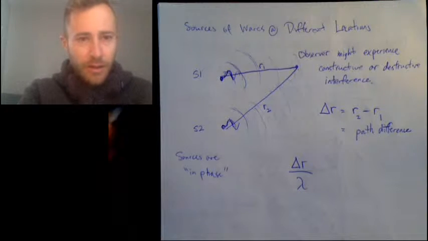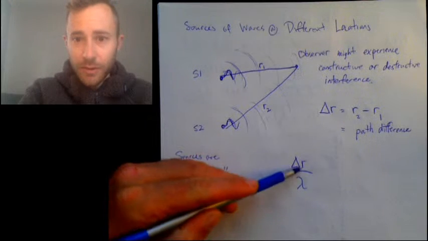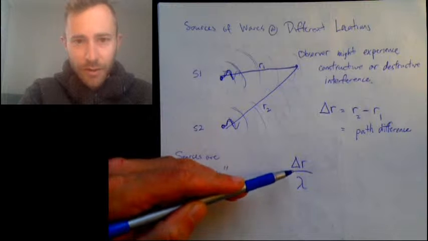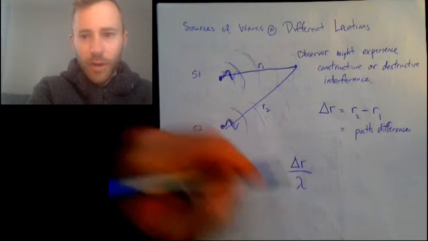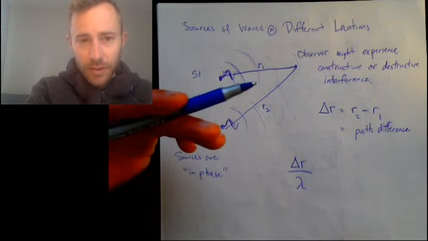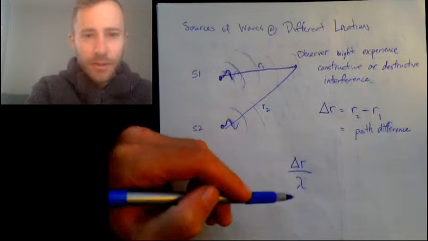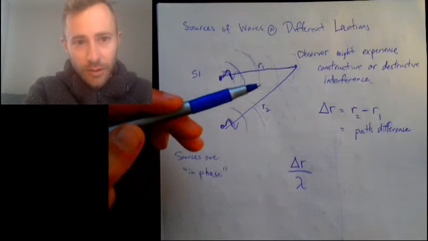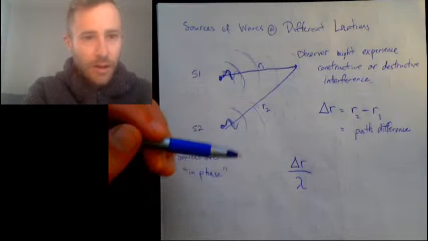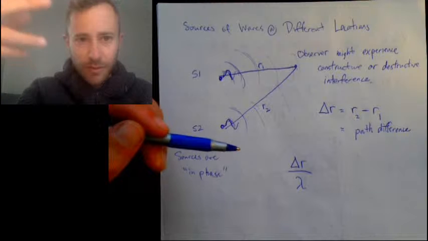Now the path difference is measured in meters, right? Because it's a distance minus a distance. And we're dividing it by a wavelength, which is a distance. So we have a distance divided by a distance. When we divide these two, it's unitless. It doesn't have units. It's just a pure number, like 4.